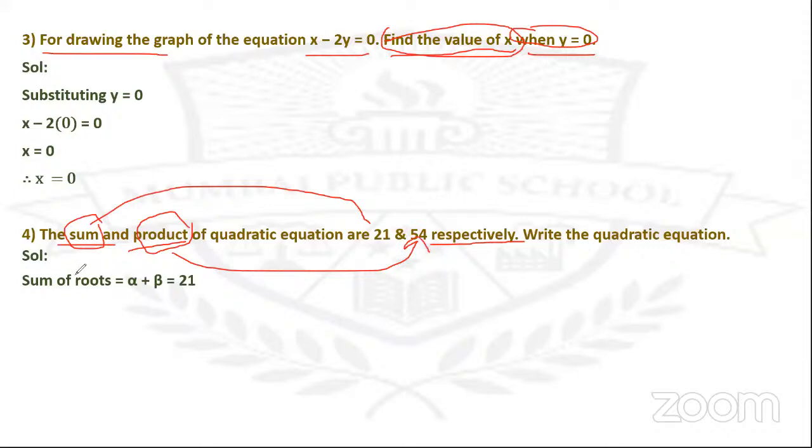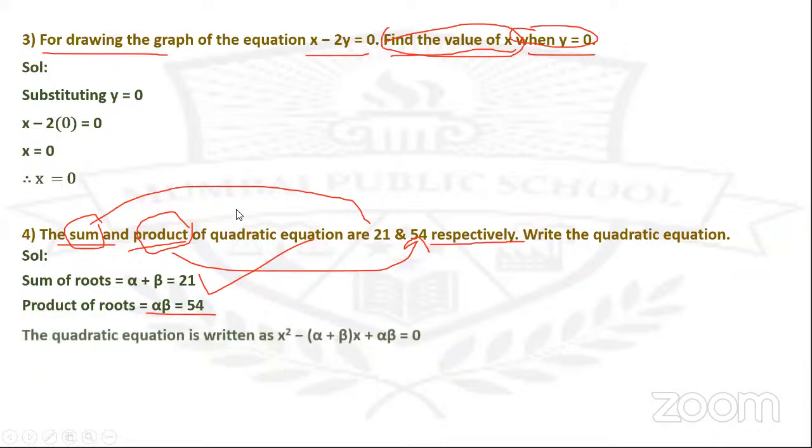So that means here, the sum of the roots, alpha plus beta, is 21. Next is the product of the roots, alpha beta, which is 54. So how do you write the quadratic equation?